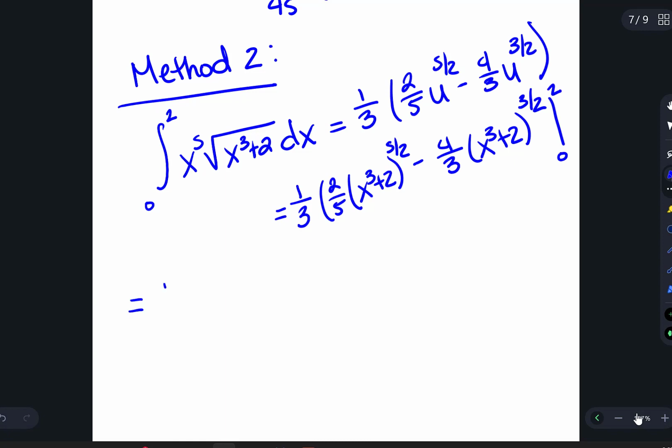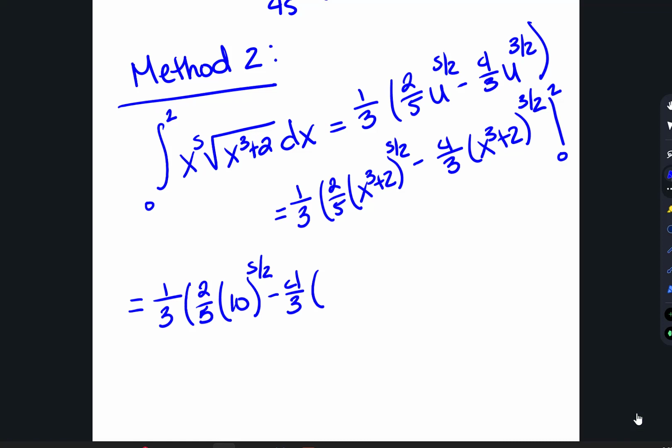And so this would end up being 1/3 times 2/5. And notice inside here, for the first one, we're going to have 2 cubed plus 2, which is 10 to the 5/2, minus 4/3 times, again, if we evaluated it at 2, we're going to have 2 cubed plus 2, which is 10 to the 3/2, minus 1/3 times 2/5.